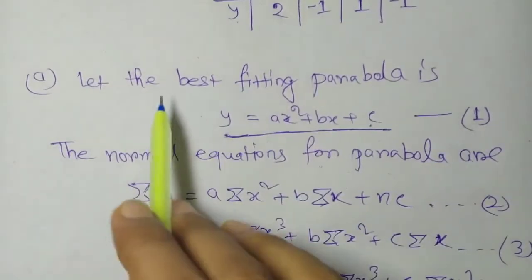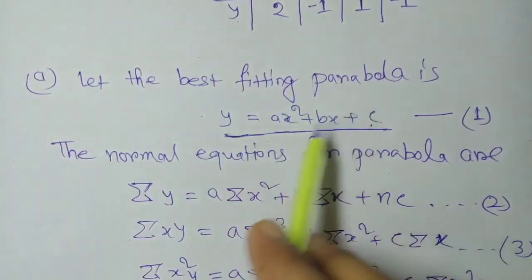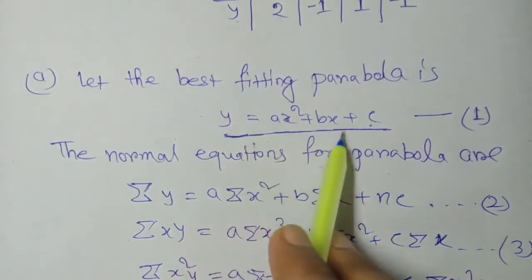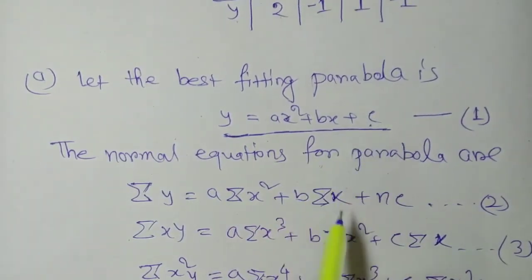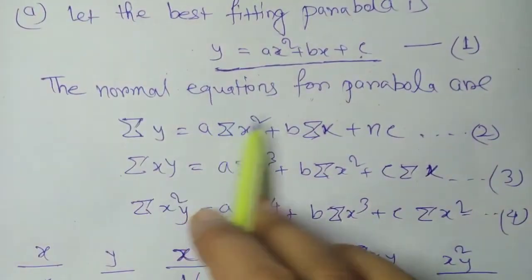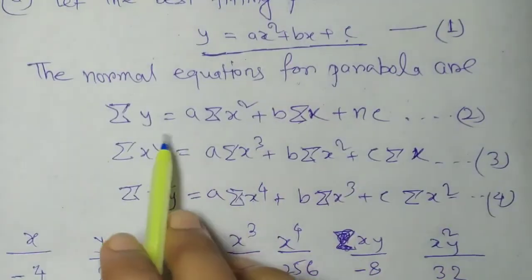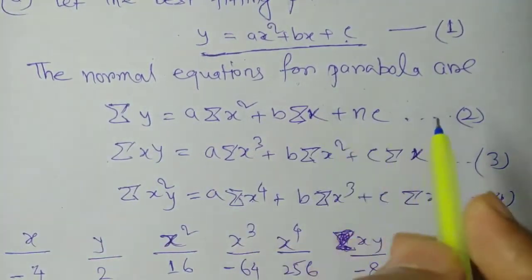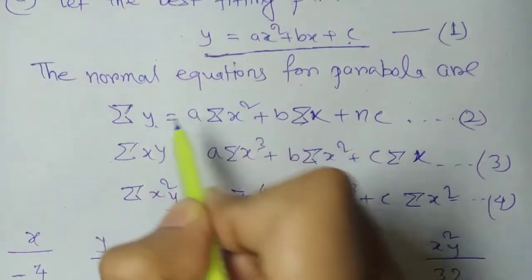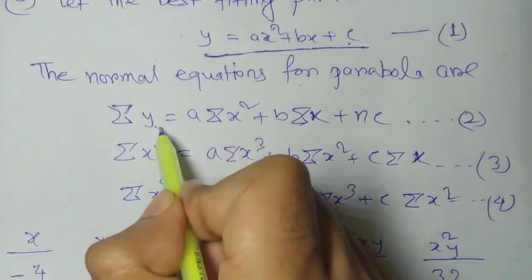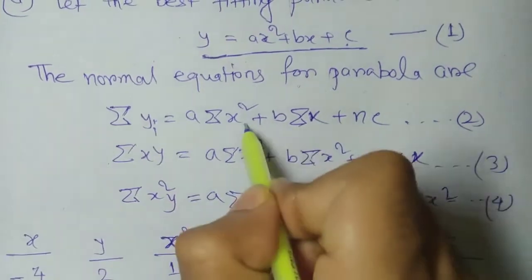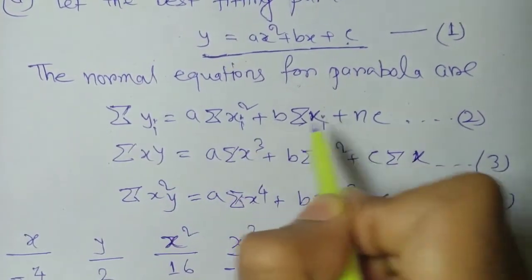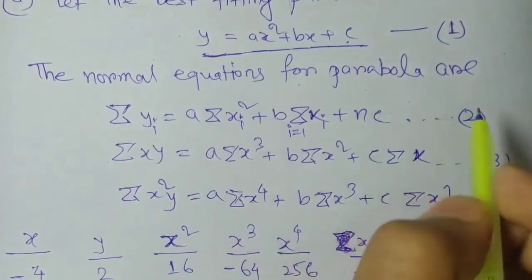Now if you take the best fitting parabola of the form y equals ax square plus bx plus c, then the normal equations for the parabola are written with summations, where the suffix i runs from 1 to 4.